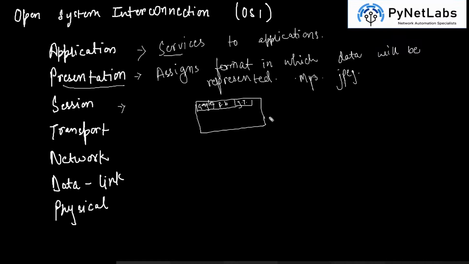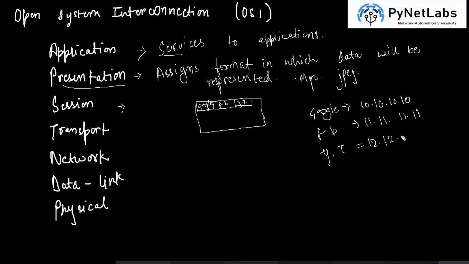Now let's say the destination IP of Google is 10.10.10.10. Then for FB, it is something else, so this is just an example. These are not the correct IPs. Then for YouTube, let's say 12.12. And the IP of the PC is 192.168.10.1, my favorite one.